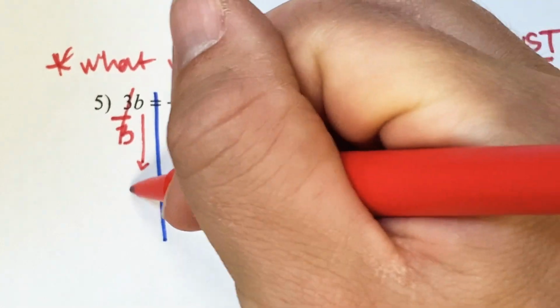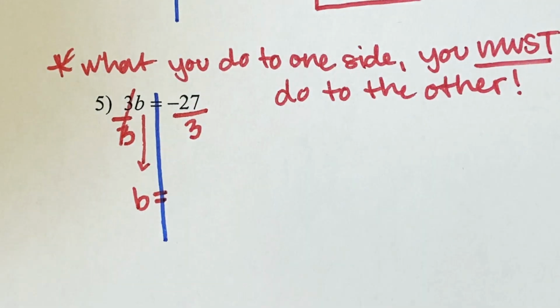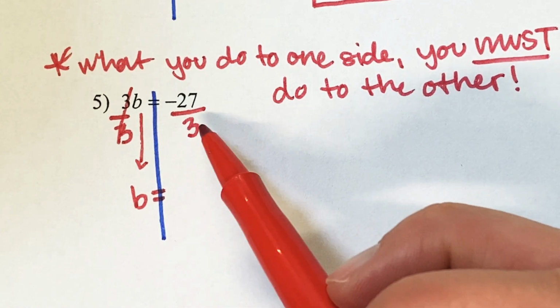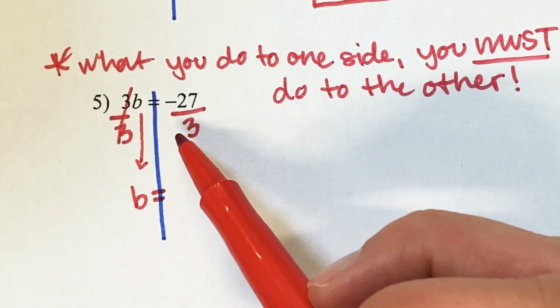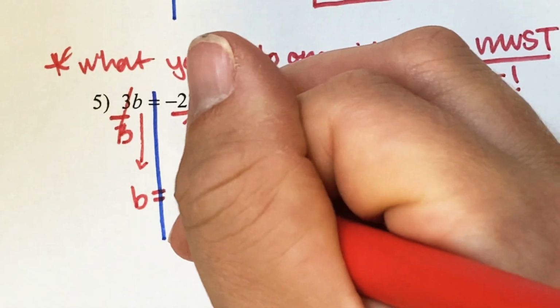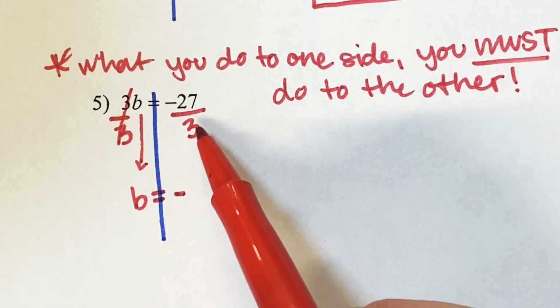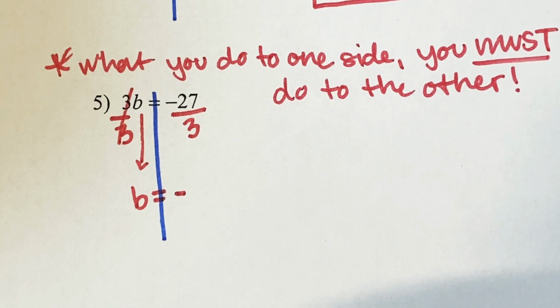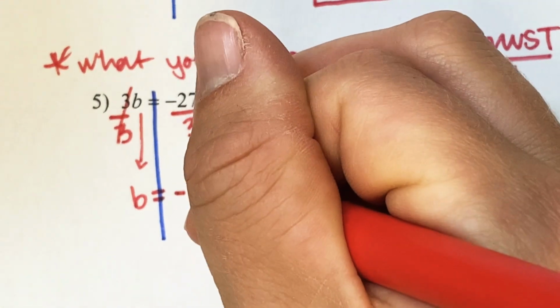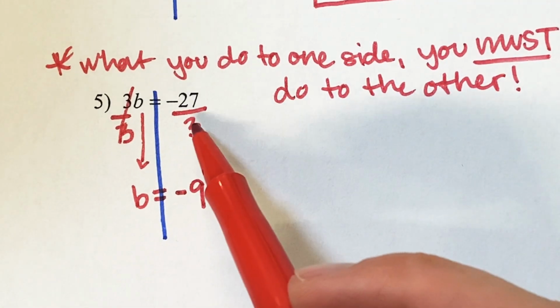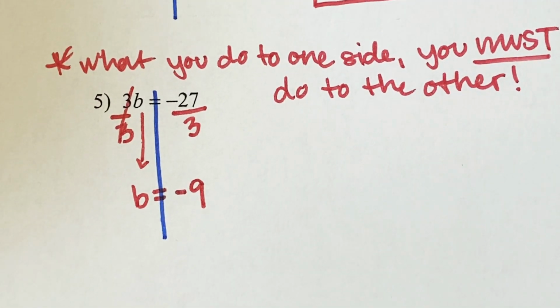We can bring down what's left, that's just our b, and now we have -27 divided by +3. A negative divided by a positive, so I know my answer is going to be negative. 27 divided by 3, what is that going to give me? A 9, so -9. -27 divided by +3 should give me -9.